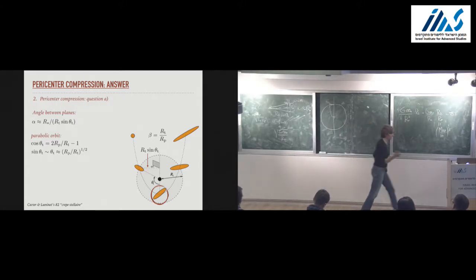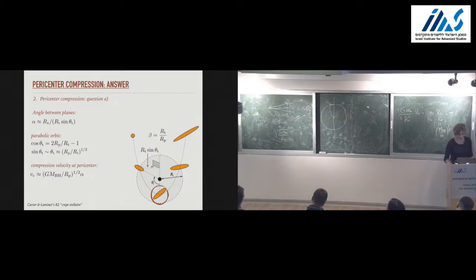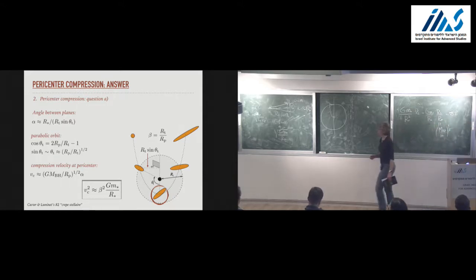Okay. So we did this calculation and we got the answer, and this is the final answer. If you rearrange the terms, the compression energy is beta squared times the binding energy of the star. So for grazing events, with beta equal to 1, where beta is the ratio of the tidal radius to the pericenter, the compression energy can be neglected and doesn't enter into the spread of the star.